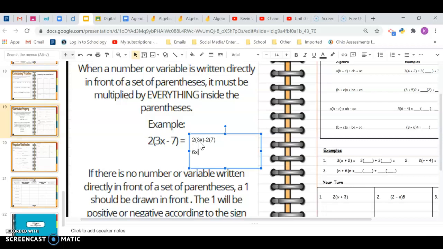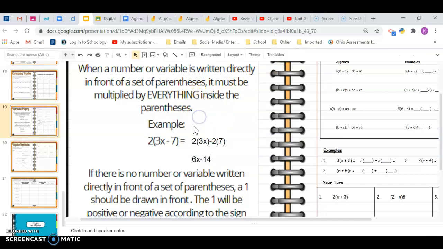And since there was an x with that 3, there's a 6x. And then over here, since this 7 is negative, that means what I get from over here will also be negative. So that would make it a negative 14. So I have 6x minus 14. Make that a little bigger because I like it bigger. There we go. So we go through, we multiply what's outside times whatever is inside of our parentheses here.